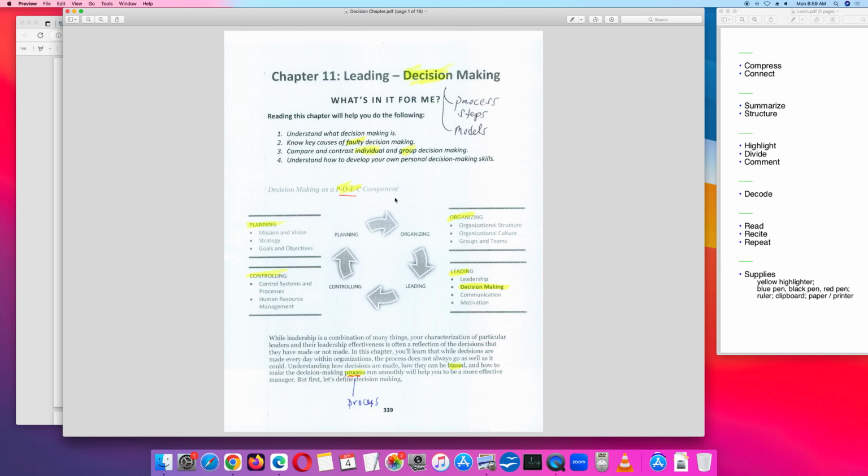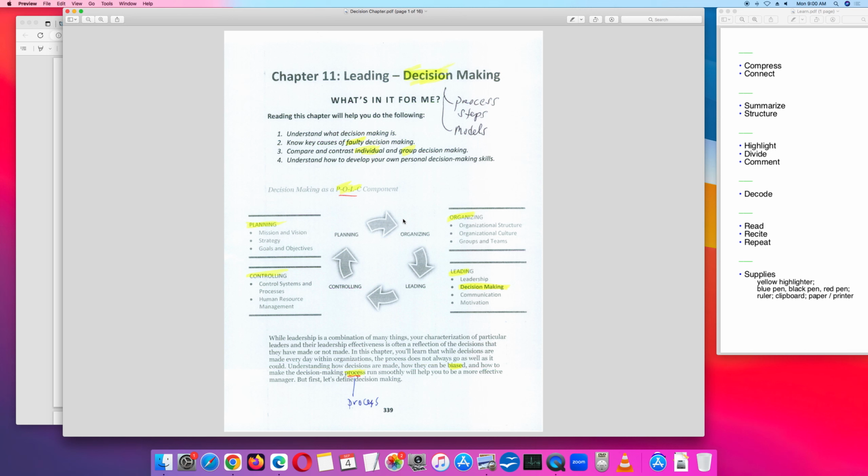Also, the author of this business management book uses a framework in many of the chapters, the POLC framework, which stands for plan, organize, control, and lead. This is a general framework that he presents in every chapter to unify everything in the overall book.